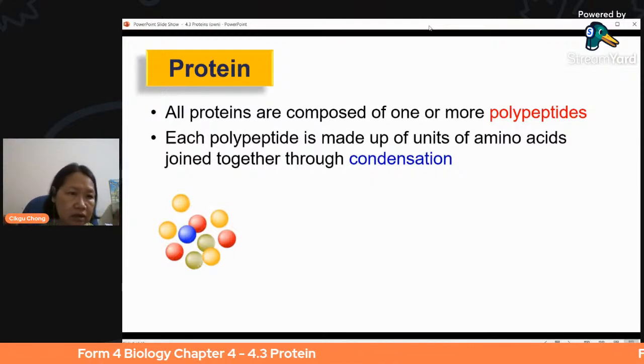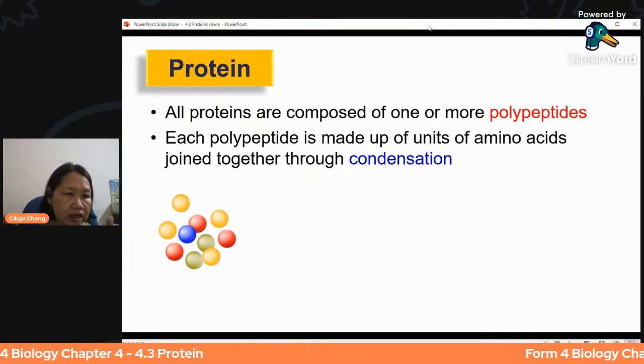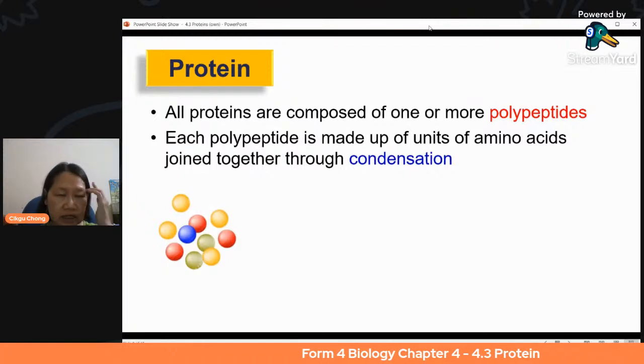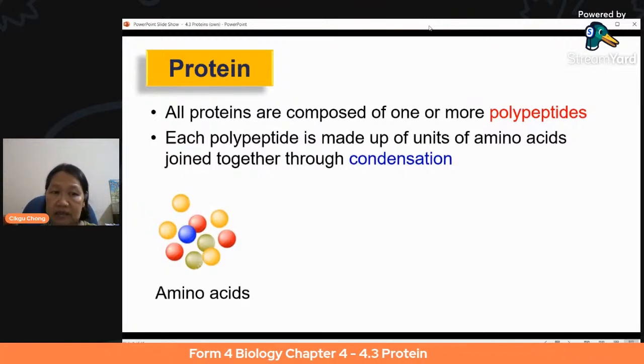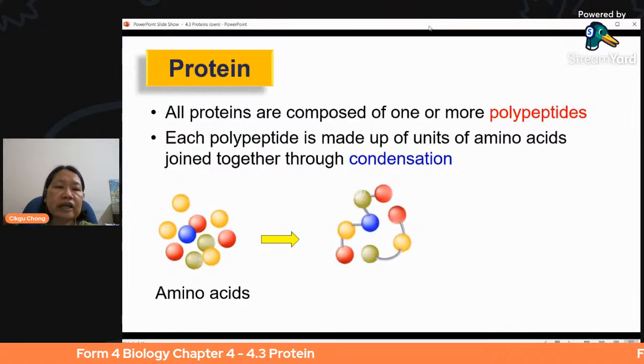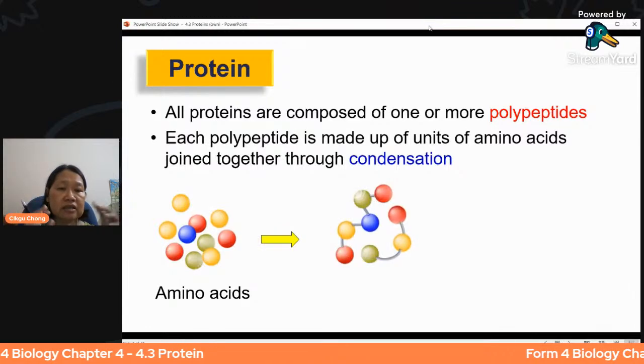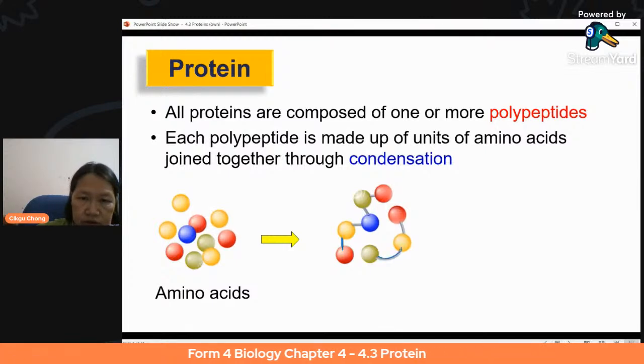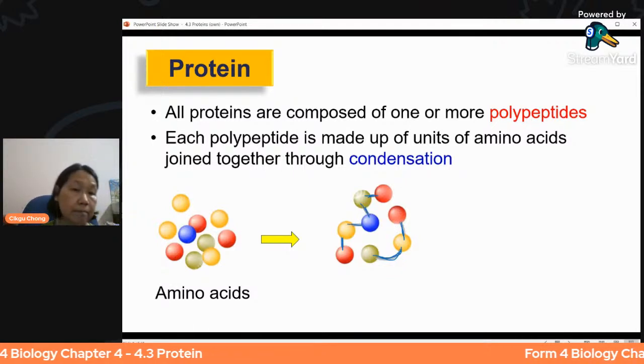For example, the yellow, the orange, the red, the green, and the blue balls, each one is an amino acid, let's say. All right, so you can actually bind them together. This is the bond. You see the middle line here? This is the peptide bond. This bond here that exists between one amino acid and the other, they are known as peptide bond.